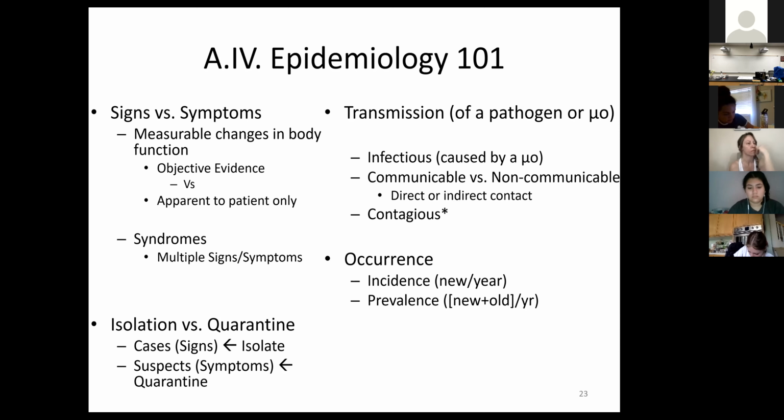So something that is contagious is transmissible from person to person, from living thing to living thing, host to host. In other words, your sofa is not contagious. Humans are contagious. Dogs are contagious. Your desk is not contagious.